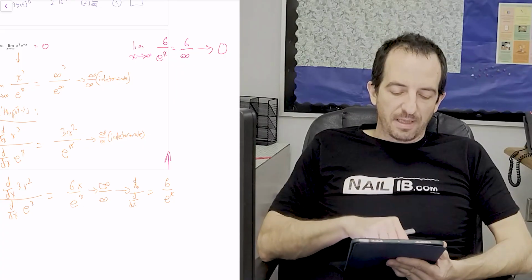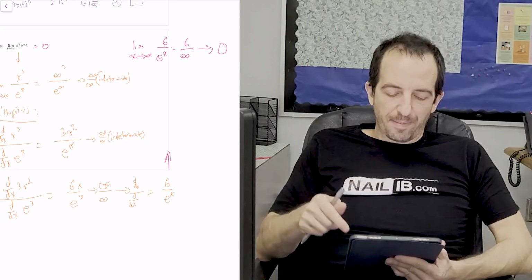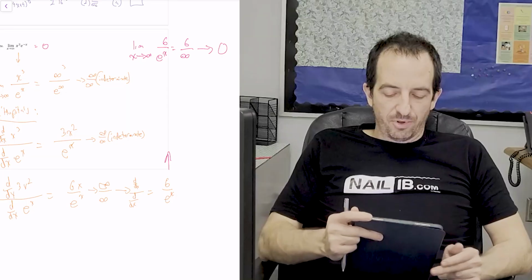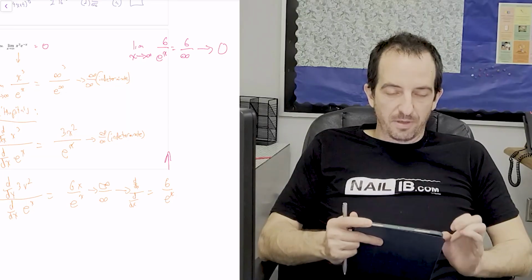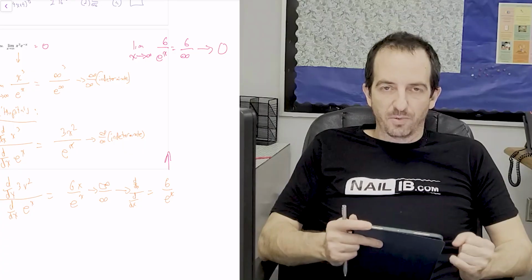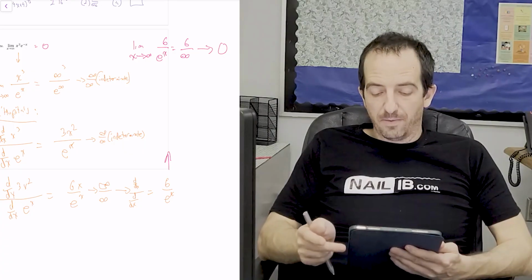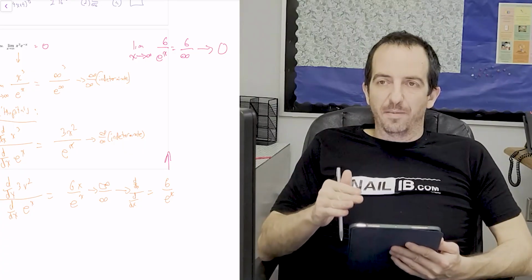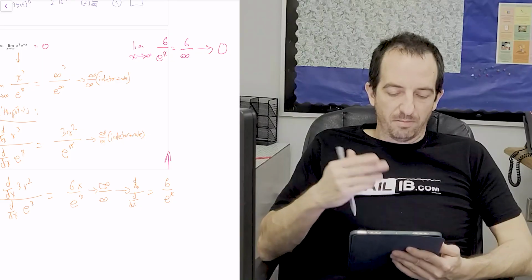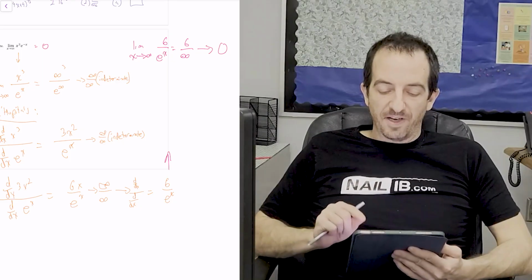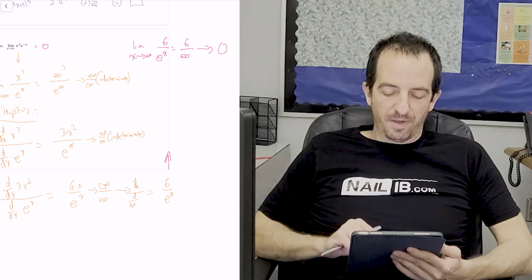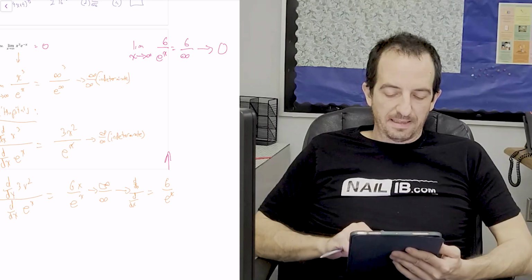So that last question allowed us to see repeated uses of L'Hopital's rule. It also showed us how we might have to reorganize our terms to put it in a fraction form, which would allow us to use L'Hopital's rule. We got infinity over infinity multiple times, which created the repeat use of L'Hopital's rule, and eventually the limit was shown to be approaching 0.